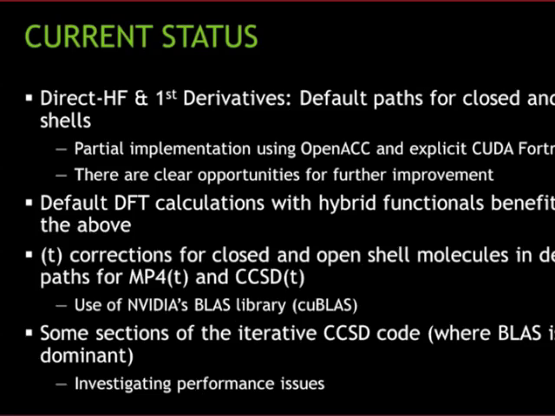When running calculations of hybrid functionals, in these cases, the Hartree-Fock part takes the bulk of the time, and so they benefit from our having attacked that portion of the code already. A very good example that we have implemented today is the triples corrections for closed and open shell molecules for the default path in MP4 and CCSD(T). We make extensive use of cuBLAS libraries here.